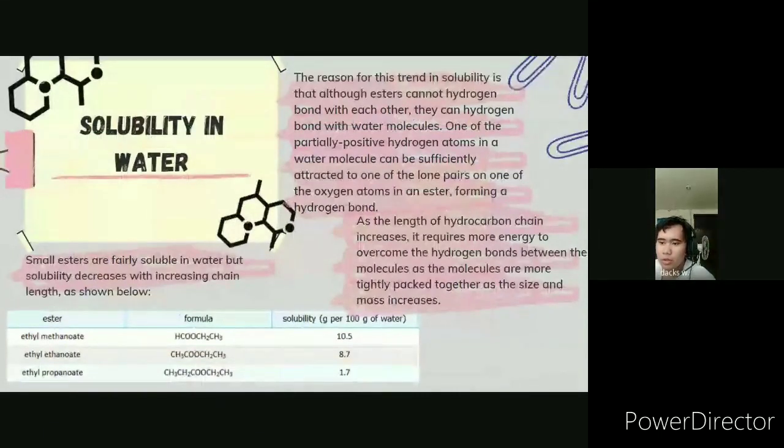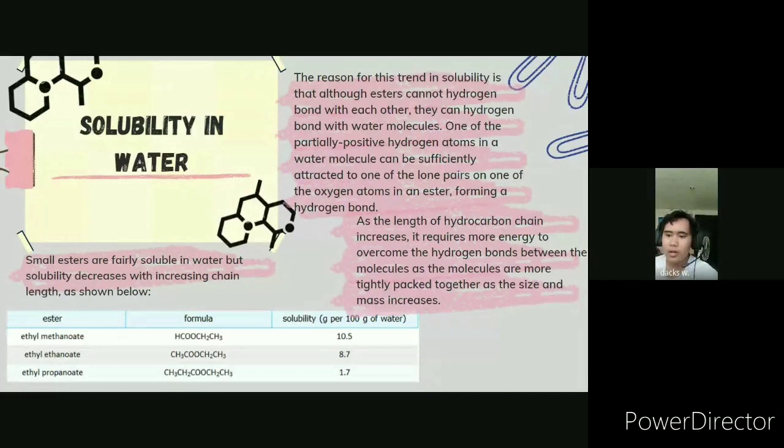Now, the solubility of esters. Though esters cannot hydrogen bond with each other, they can hydrogen bond with water molecules. One of the partially positive hydrogen atoms in a water molecule can be sufficiently attracted to one of the lone pairs on an oxygen atom in an ester, thus forming a hydrogen bond.